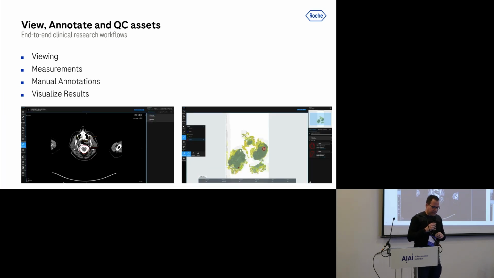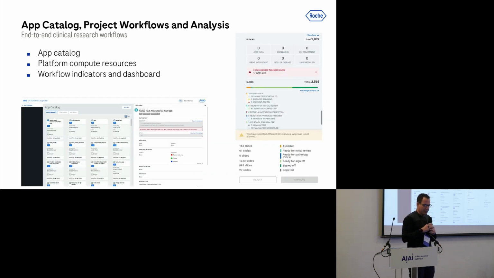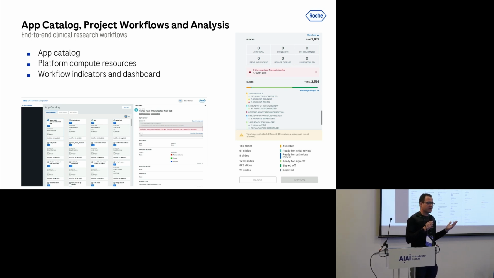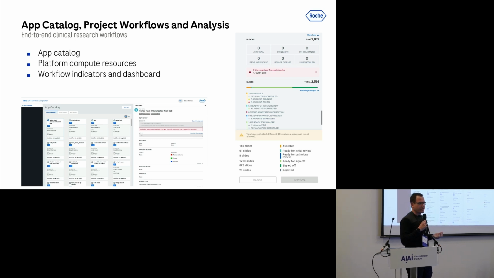So once data is organized in these projects and experiments, a user can view them in a dedicated web viewer. This viewer supports different types of manual annotations and visualization of algorithm results like masks or heat maps. The platform also contains an app catalog to which users can publish their applications in order to share them with the community.